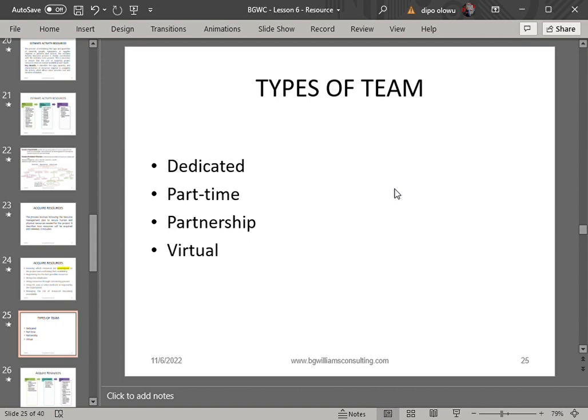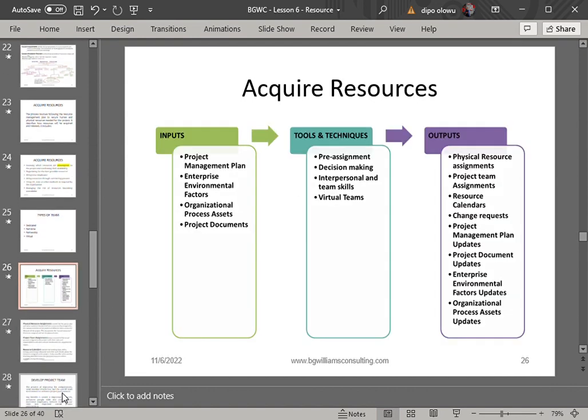They will tell you if it is fixed, part-time, virtual, or remote. What is the latest now is remote, or hybrid. So there are different kinds of team you can bring on board, and what determines this is the nature of the project. I hope that is clear.